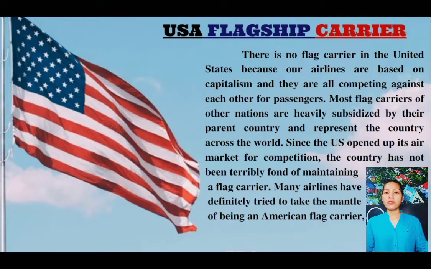Most flag carriers of other nations are heavily subsidized by their parent country and represent the country across the world. Since the US opened up its air market for competition, the country has not been terribly fond of maintaining a flag carrier. Many airlines have definitely tried to take the mantle of being an American flag carrier.